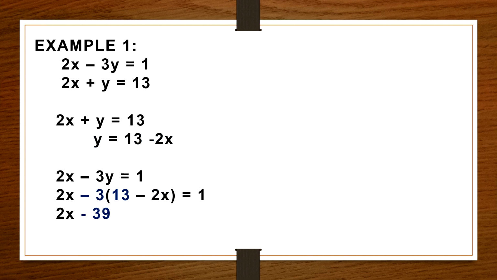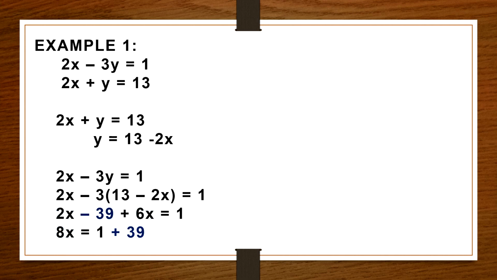Negative 3 times 13 is negative 39. Negative 3 times negative 2x is positive 6x. Then copy positive 1. Next, combine 2x and 6x: 2x plus 6x is 8x. Then transpose negative 39 to the right side, so it will become 1 plus 39.